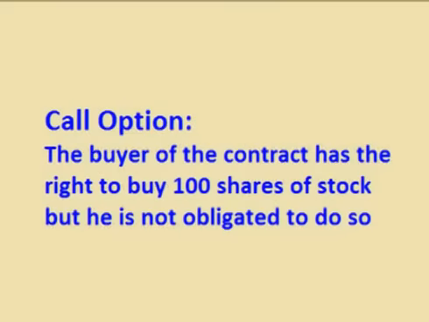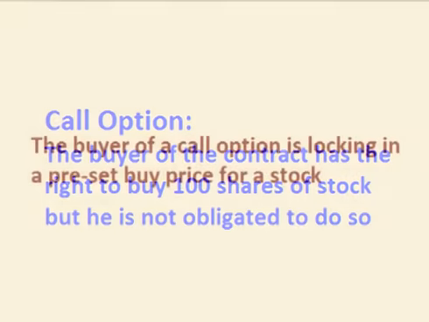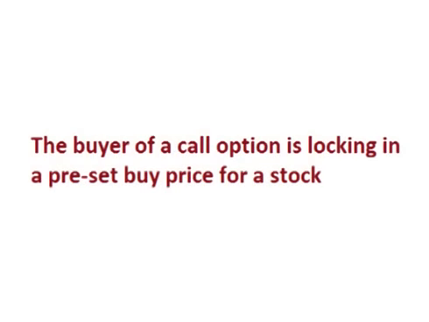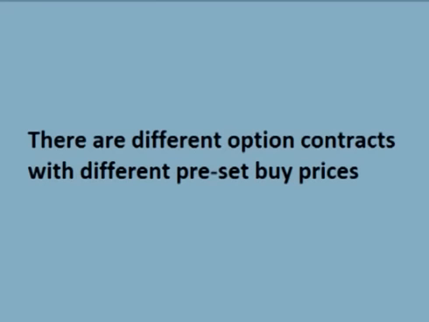The buyer of the option contract has the choice of whether or not he wants to buy the stock from the option writer. His contract says he has the right to do so, but it is his option, which is why they're called options. In other words, when someone buys a call option, they are locking in a preset buy price for a stock. When buying an option, there are many choices for the preset buy price.